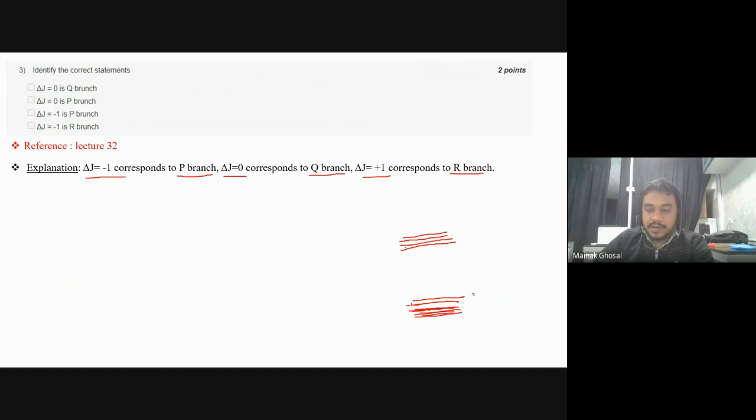Suppose this is my V equals 0 level, and this is my V equals 1 level.